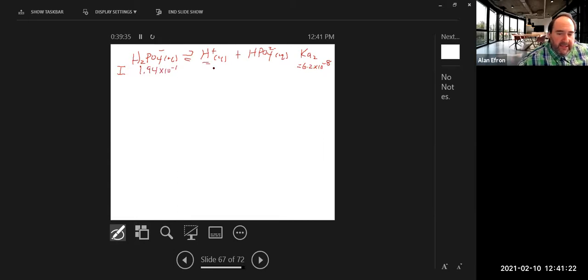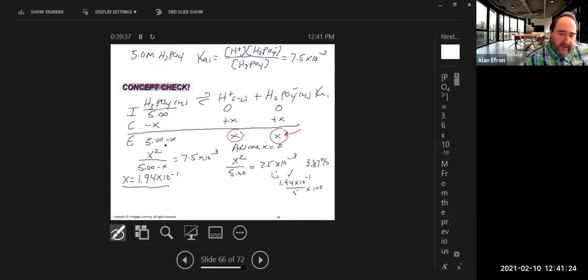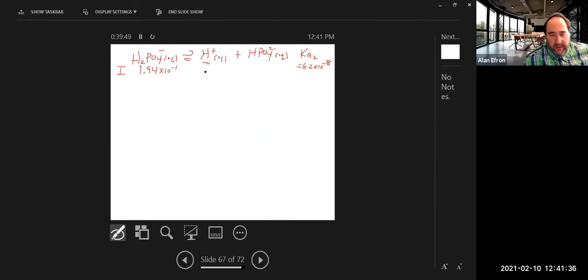When we get to the H plus, if you look at the first table, we also have a value for H plus. So this is not going to be 0 on our next table. It's actually going to have a value which would also be X, 1.94 times 10 to the minus 1, and this guy would be 0. Any questions on that initial part there?